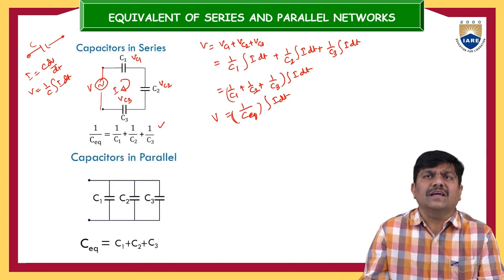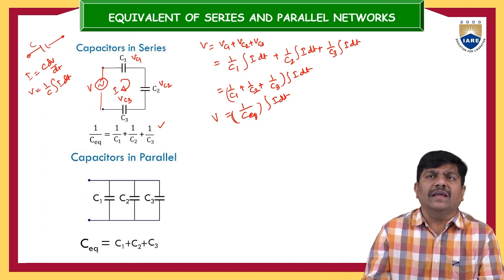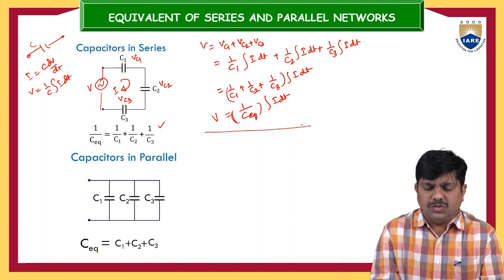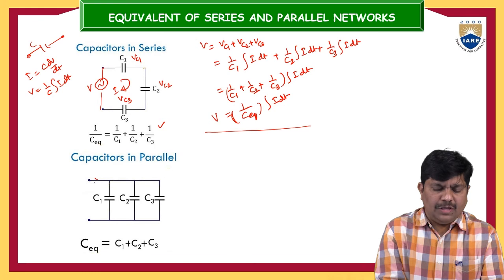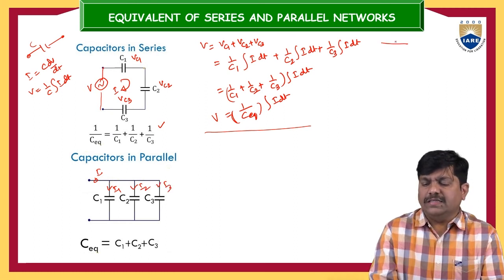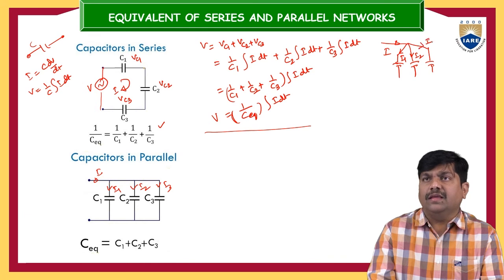Now, if the capacitors are connected in parallel, for the understanding we have taken three again. So here the input current is I, this is I1, this is I2, and this current is I3. This is the current I, and this is one capacitance with current I1, one more capacitance I2, and one more capacitance I3.